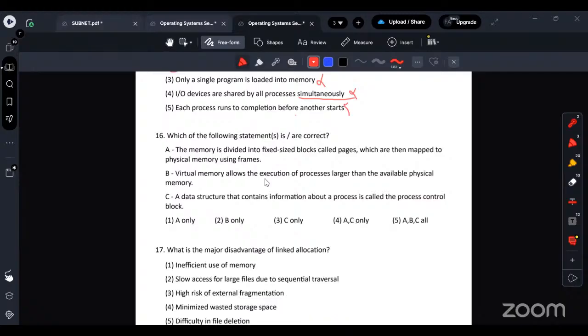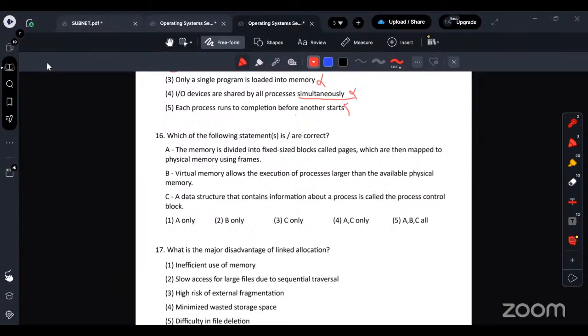16th question. Which of the following are correct? Yes, correct.